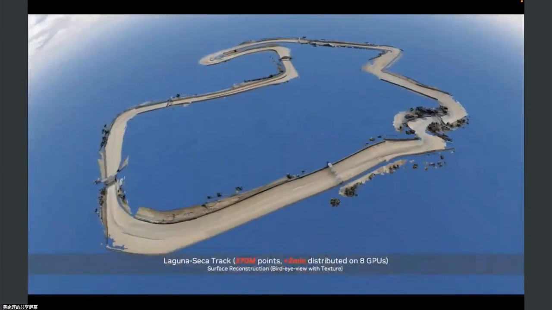We have these reconstructions directly coming from NKSR, where there are 370 million points, but it could be reconstructed in a very fast manner. It's under 2 minutes distributed on a small GPU cluster. And we could reconstruct both geometry and also the textures, the colors on the vertices.